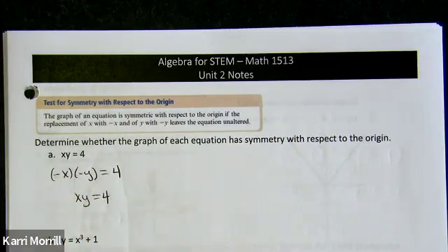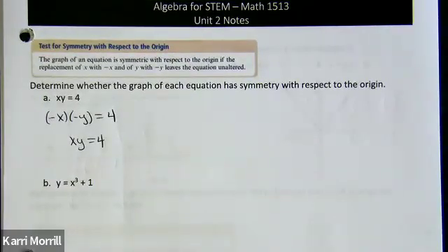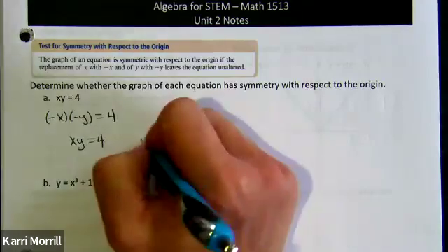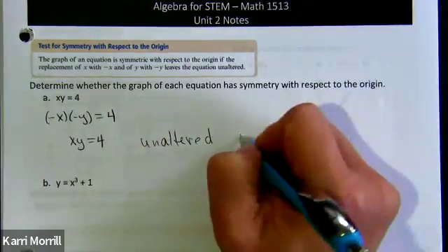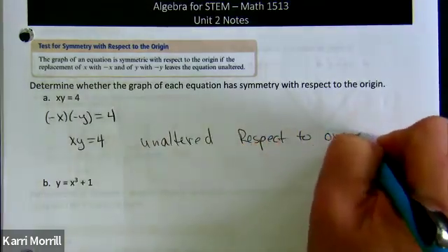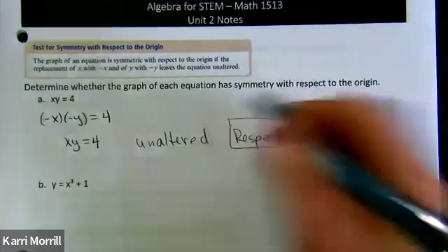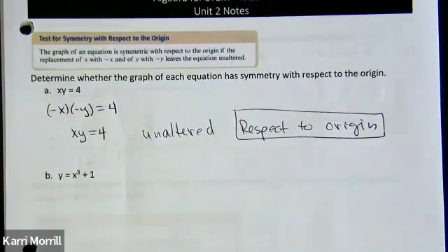So a lot of this is just working with your lovely sign rules, right? Simplifying, remembering our sign rules. So this is unaltered. This looks exactly like what it started with, so it is in respect to the origin. This one is symmetric in respect to the origin.